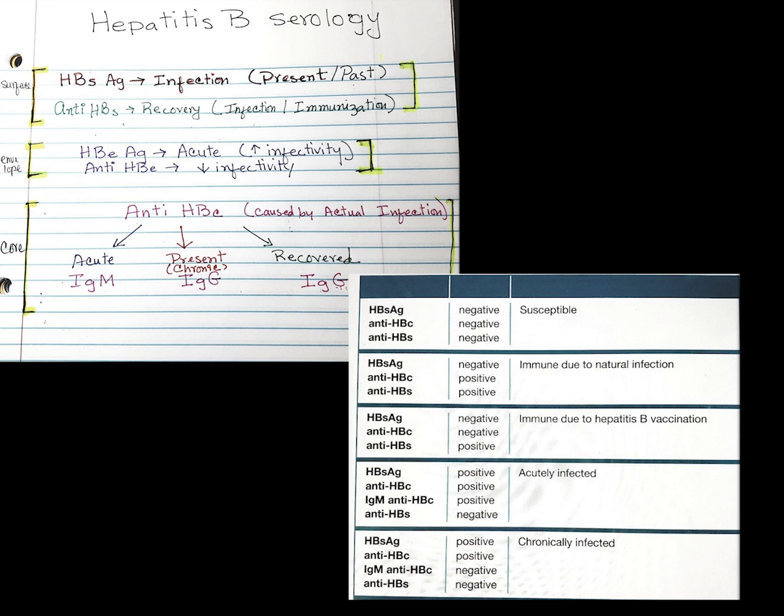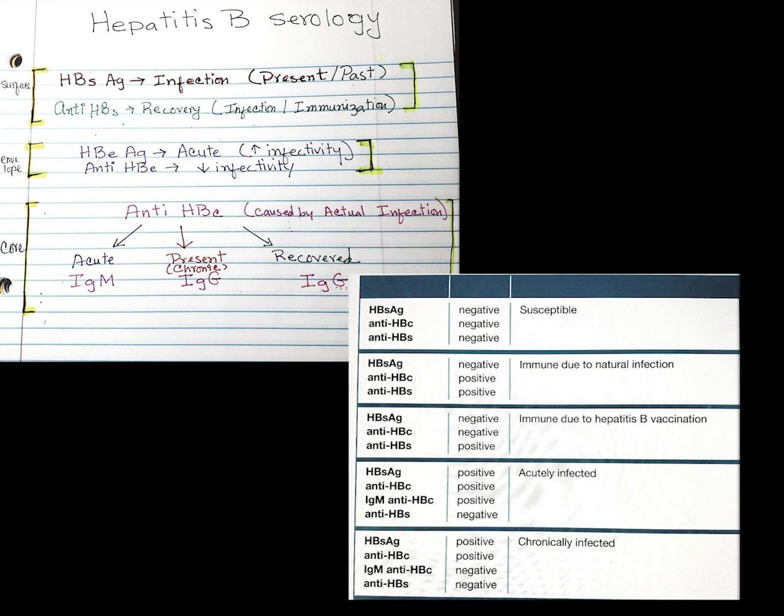Following example, surface antigen is negative. That means no present or past infection. Core antibody is positive. Core antibody positive means three things, right? Acute infection, chronic infection, or recovered. The last clue is positive surface antibody. Positive surface antibody tells us recovery.